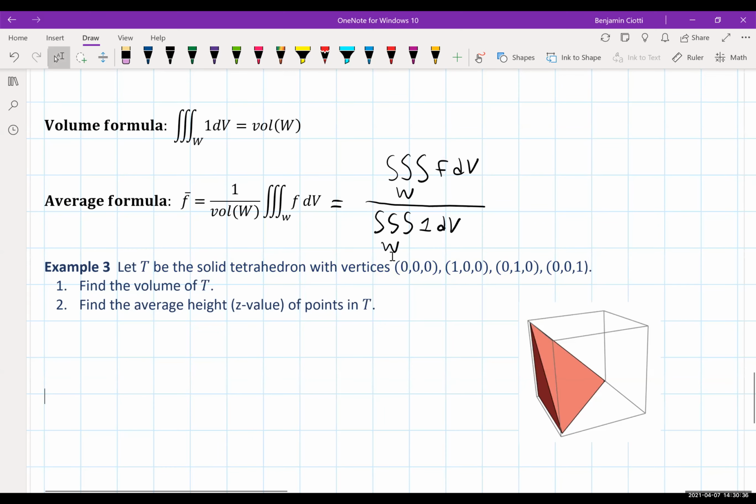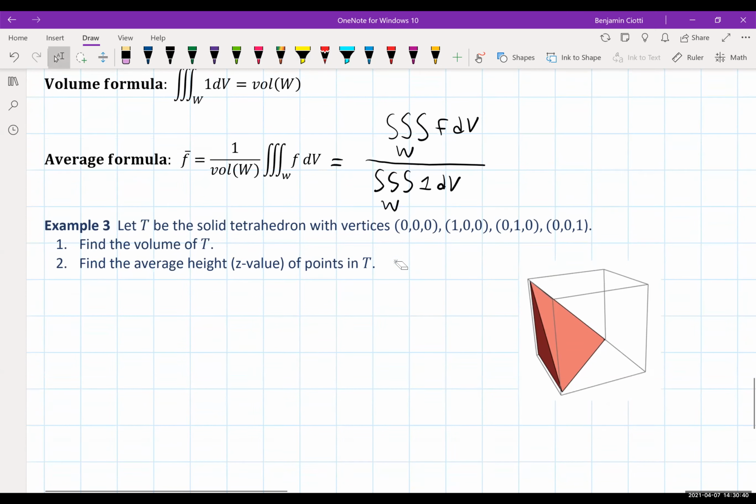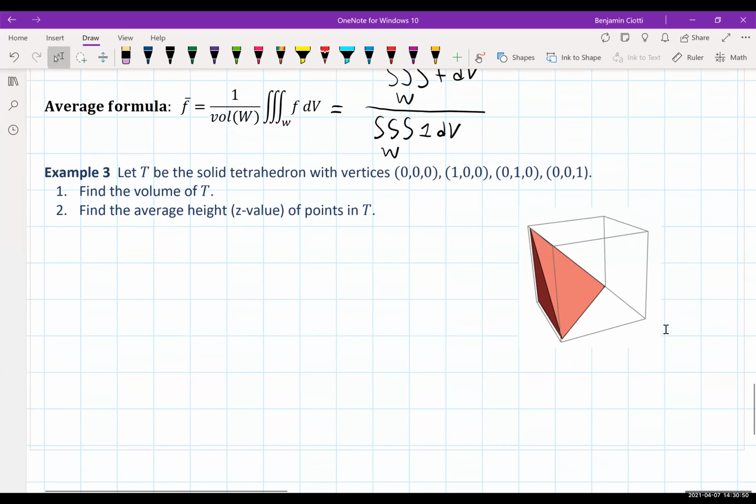Let's find the volume of T, and then we're going to compute the average height of all the points in T. I got on Mathematica and plotted T. That's what it looks like, but let me do it myself because this is something that you should be able to do.